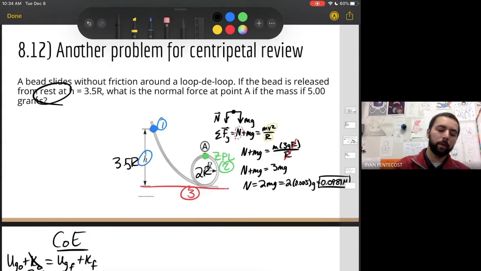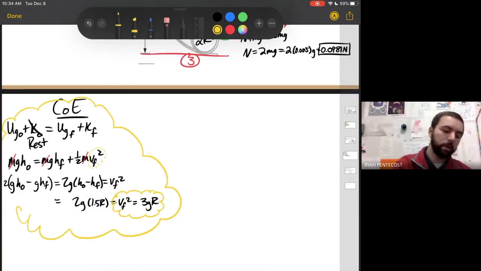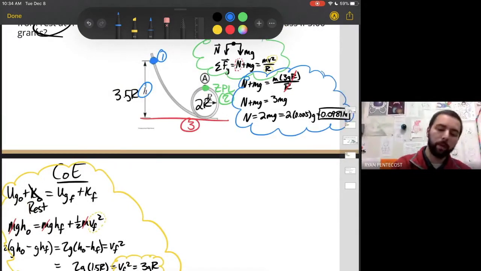So, similar way to solve the problem, right? We had to go through the summation of forces. We had step 1 right here with all of our drawings. Step 2 right here to get our velocity. And then step 3 was to plug that back in and get our answer. So similar process.